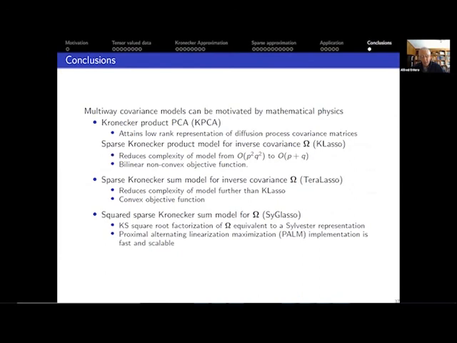I'll only say that these multi-way covariance models, especially the motivation of the inverse covariance as the appropriate quantity, if you're interested in sparse approximation, is justified by the mathematical physics that underlies the process that you're trying to analyze in terms of second order covariance matrix normal approximation. So I'll leave it at that and entertain any questions anyone might have, or discussion, comments, criticisms.